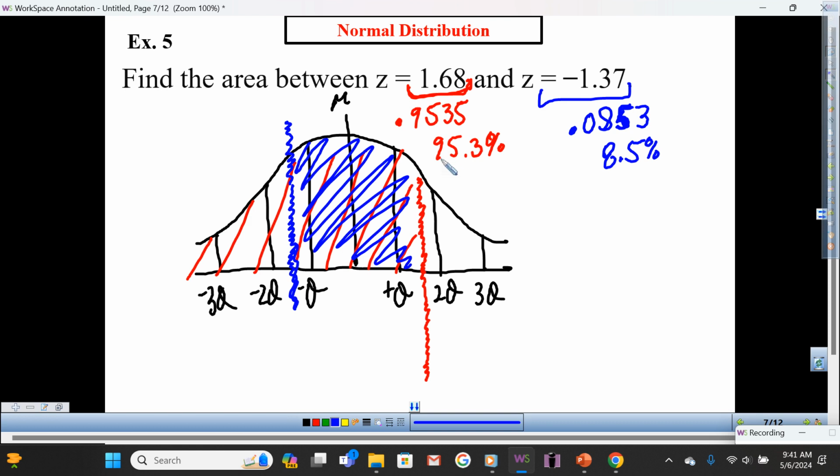You would subtract what? 50 from that? Okay. What did you do?